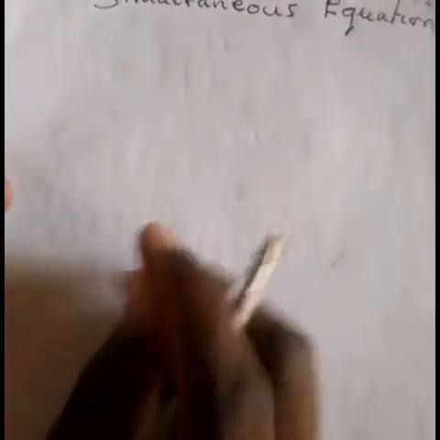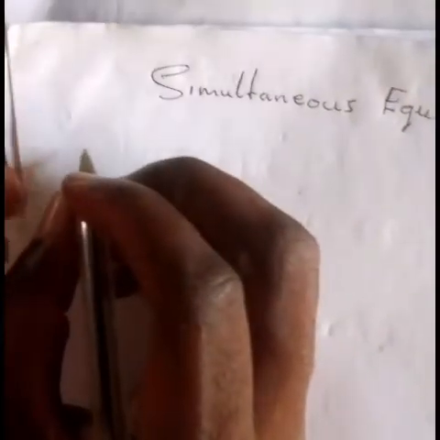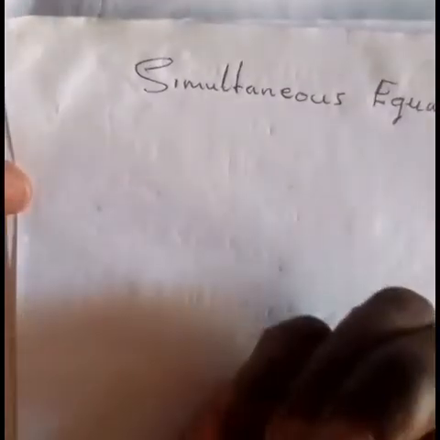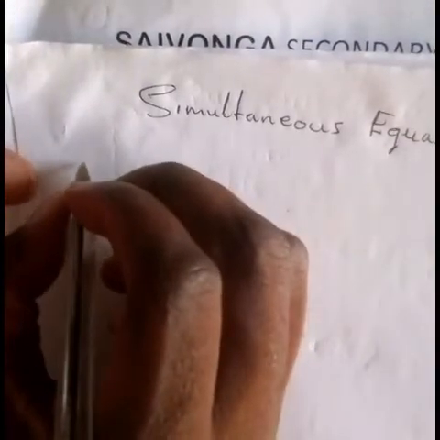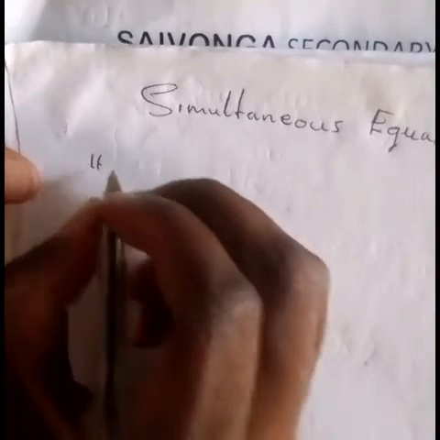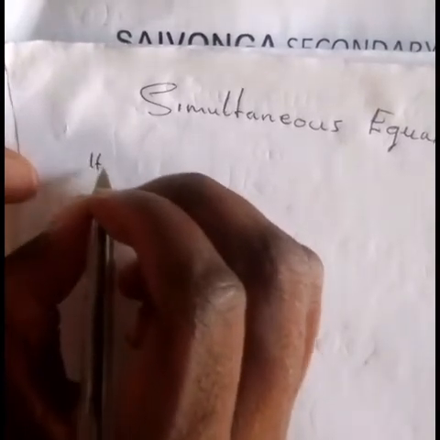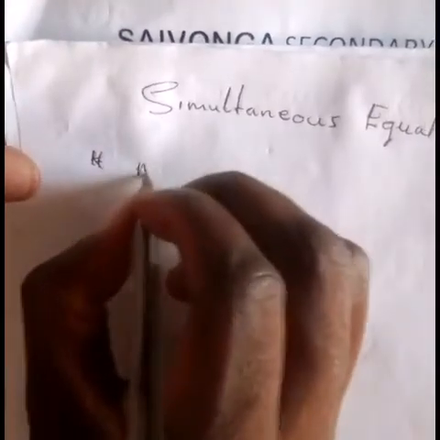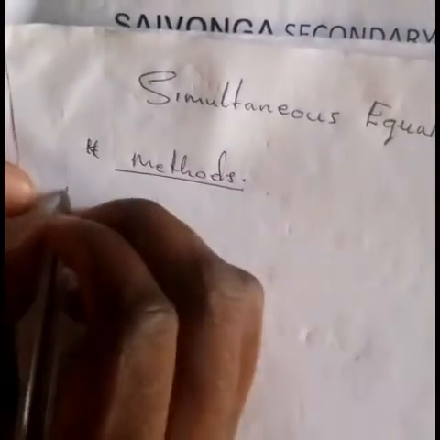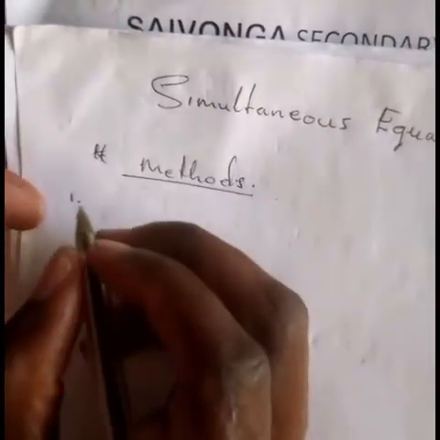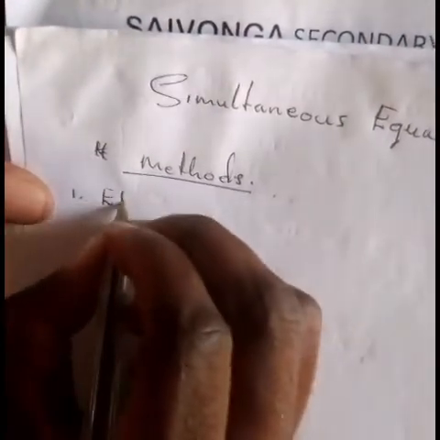A simultaneous equation can be solved using different methods. You can solve a simultaneous equation using the elimination method.